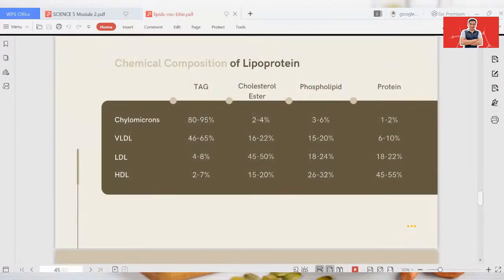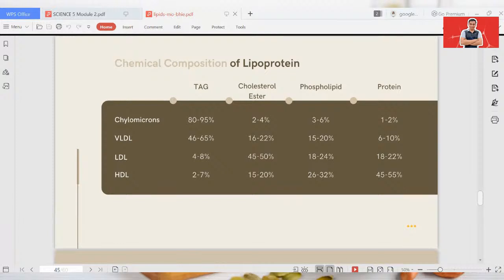Okay, ito yung sabi ko kanina. So, for the chemical composition of lipoprotein, in each column, there are components, these are the components of lipoproteins, yan, the TAG, cholesterol, the phospholipid, and protein. And each rows, yan yung mga major classification ng lipoproteins.